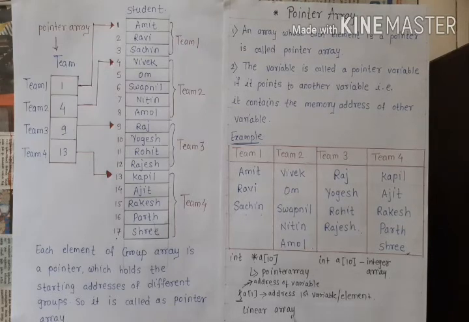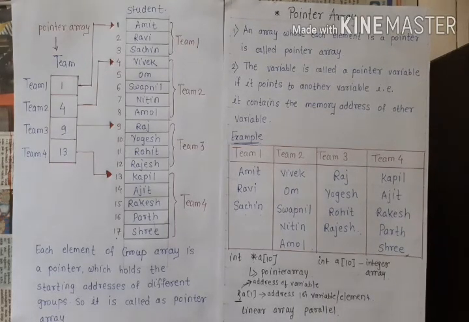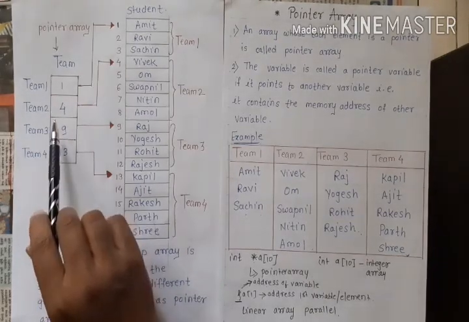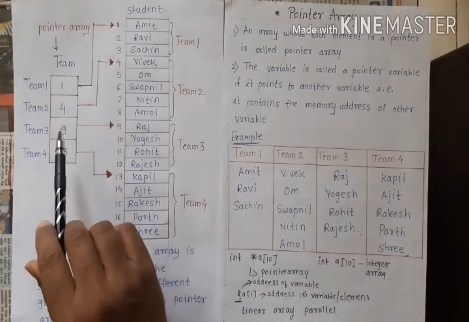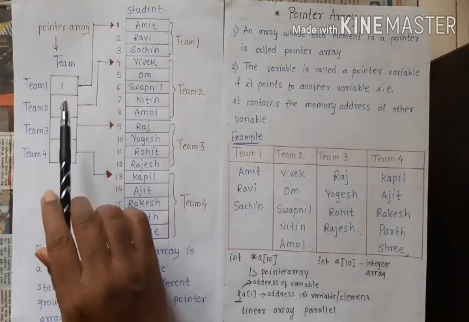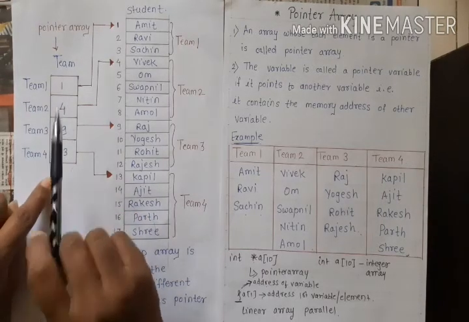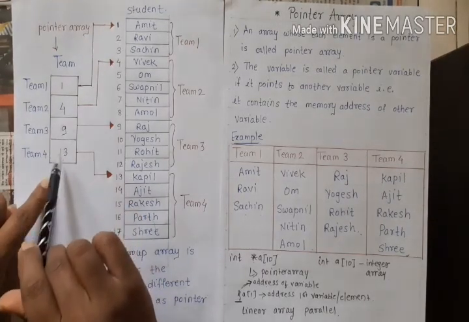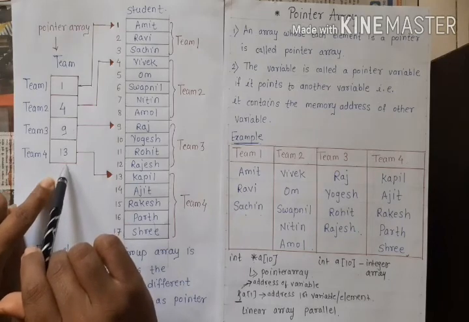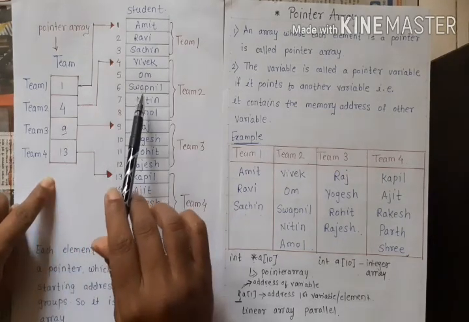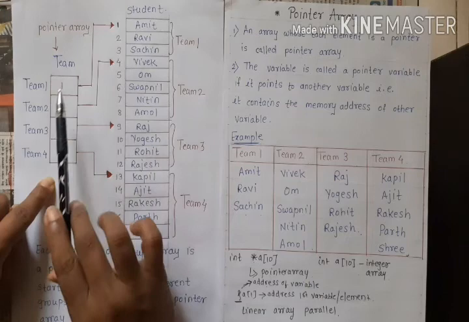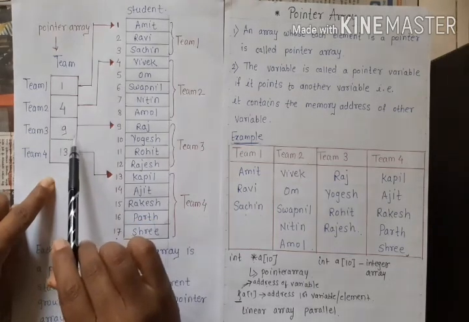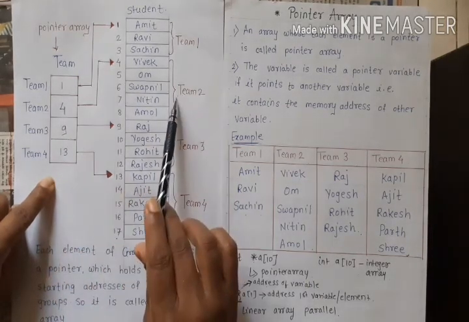Remember, which linear array? Parallel linear array. Then how to display the pointer array? In this pointer array, first is the team array. See here 1, 4, 9, 13. What is this? This is the location of the first element of every team.